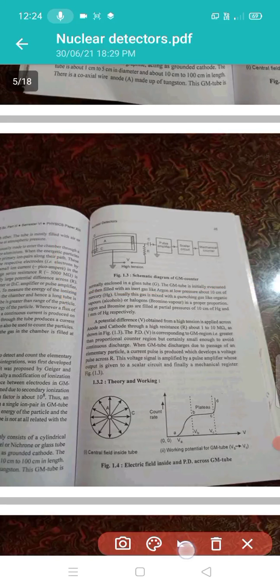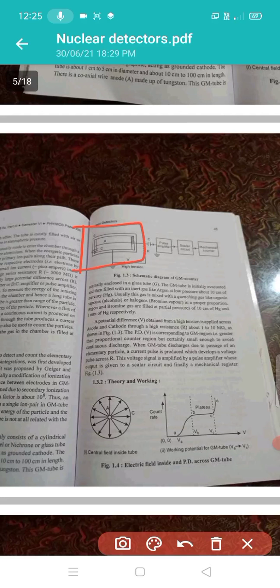It consists of a cylindrical metal tube C, usually made of stainless steel or nichrome or glass tube, with its inner wall coated with graphite acting as a grounded cathode.